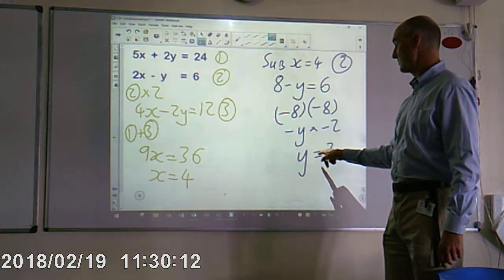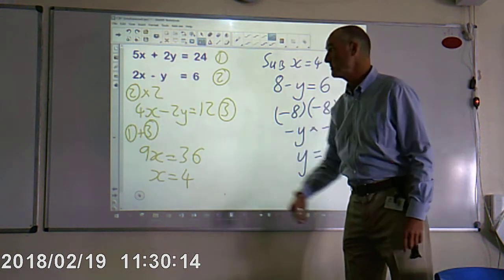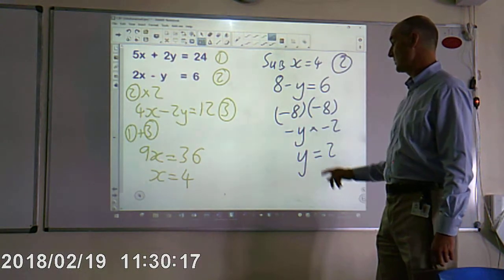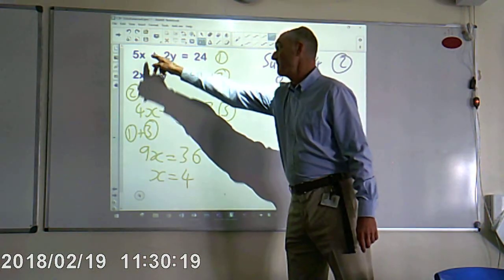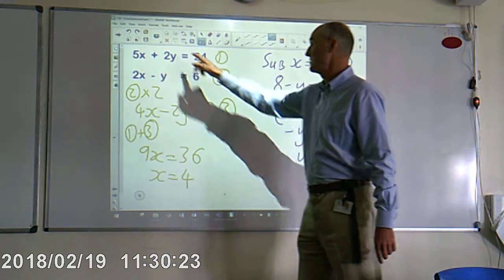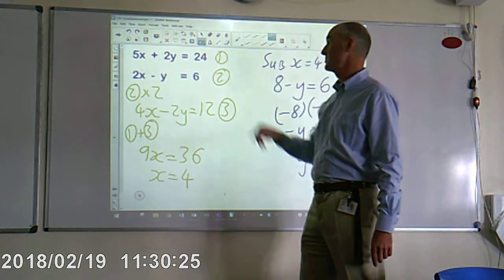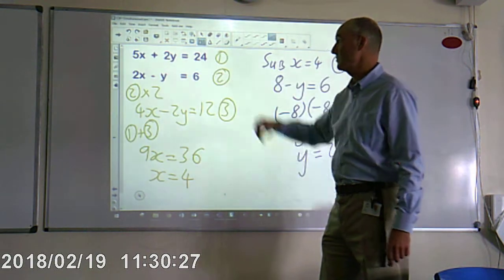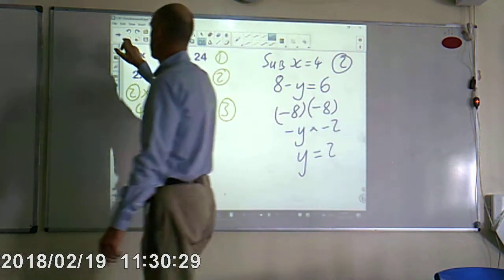So I've got my value of y, I've got my value of x, so very quickly, 5 times x is 20, 2 times y is 4, 20 plus 4 gives me 24, so those two values work when we substitute them back in.